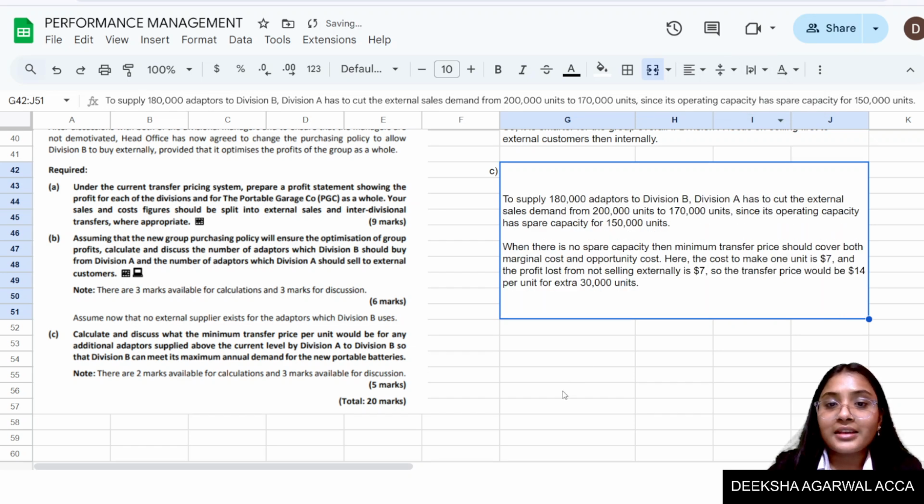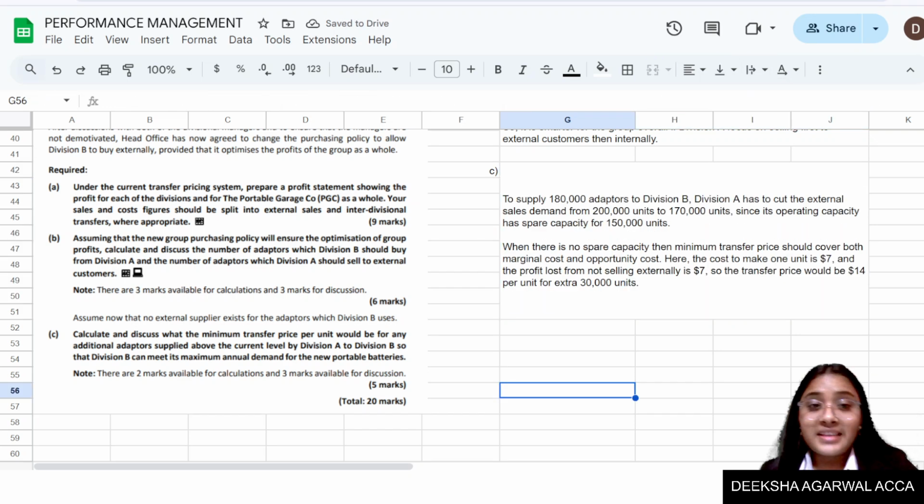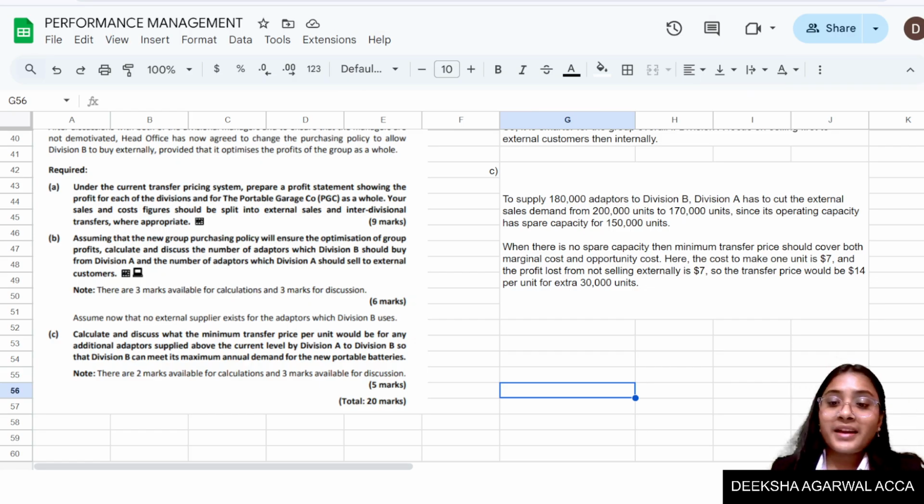Because what they're asking is simply this, and you know very well this principle. I have already told you the principles we follow whenever this type of external demand comes up. So that's what is happening here. That is more about this type of transfer pricing question.